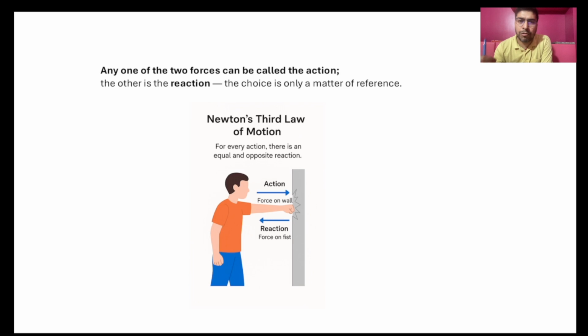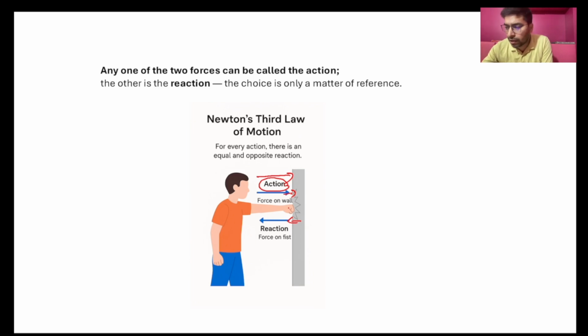For example, suppose you are going to punch a wall. Okay, so suppose this person is punching the wall. Initially you consider this force, the punch on the wall, as the action, and the force by the wall on the hand of the man as the reaction. True, but it's not always true.